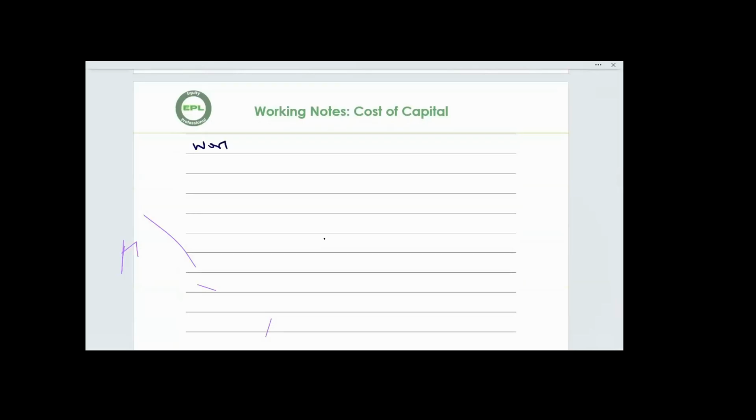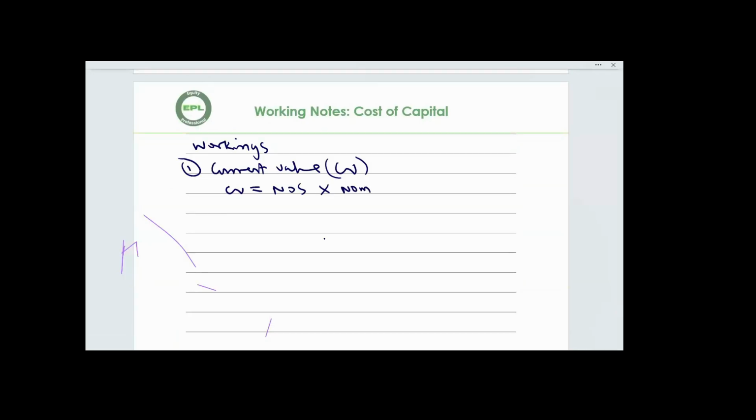Working number 1. I want to calculate the current value of the preference share, CV. So CV will be calculated as number of shares multiplied by nominal value.